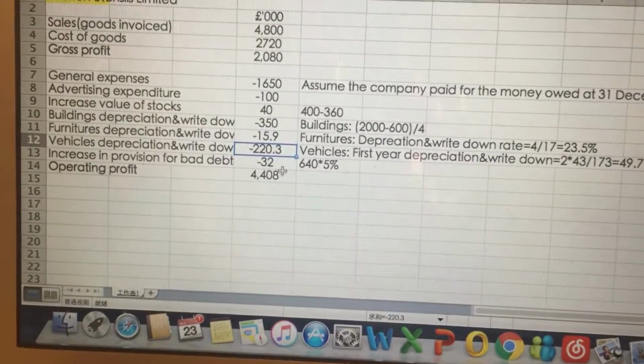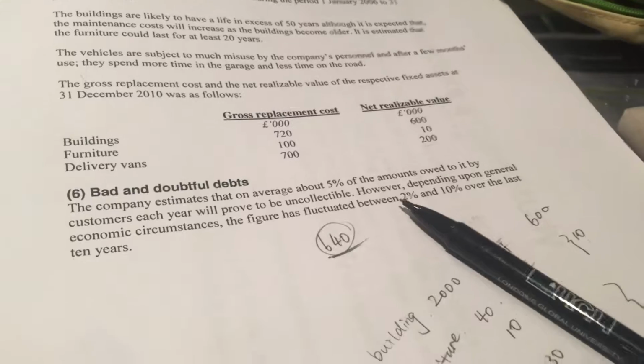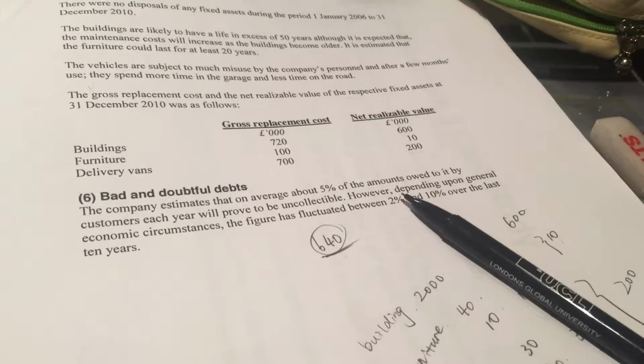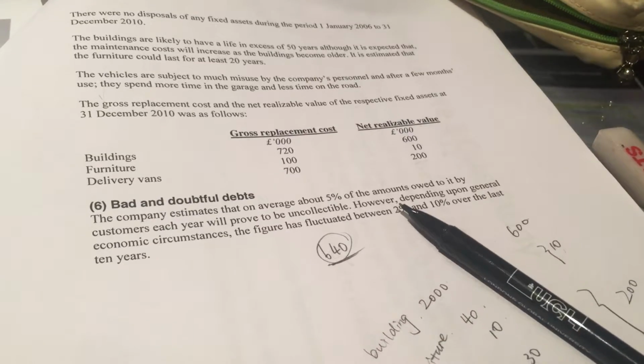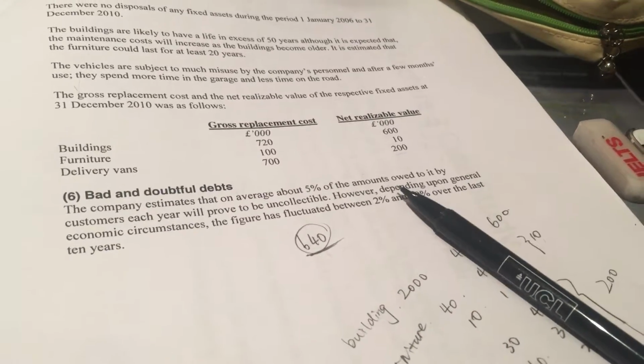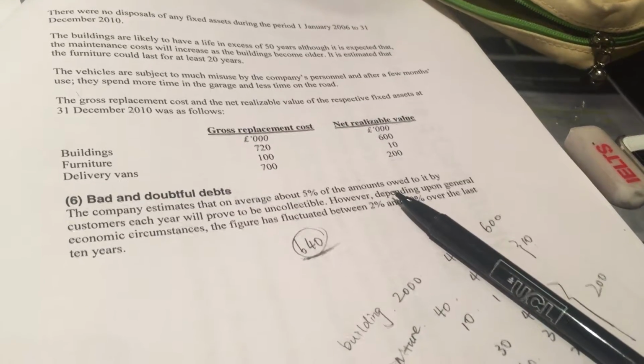So we got the minus 220.3 here. And at last, we saw there were bad and doubtful debts. So here we think we should consider the increase in provision for bad debts for 5% of the amounts owed to it by customers.